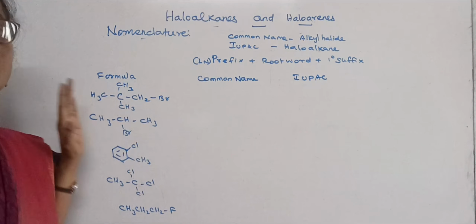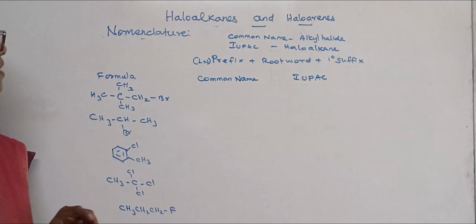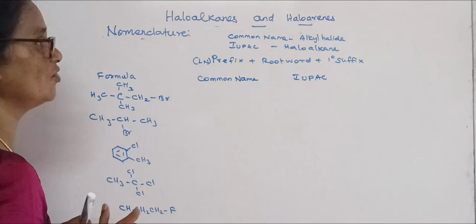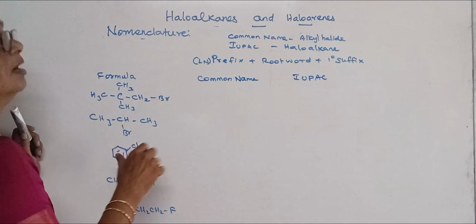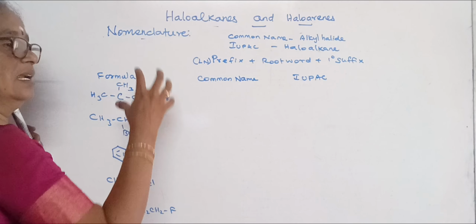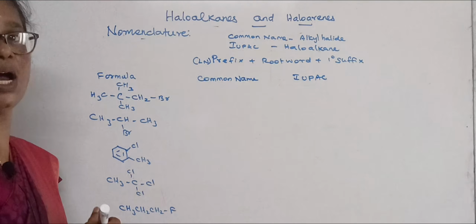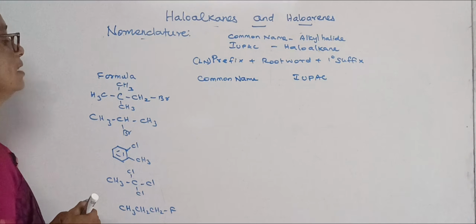So let us take some examples. For the first one, I have taken a compound in which first of all I have to identify the longest chain and the functional group, and where the functional group is present. So let us start the numbering.